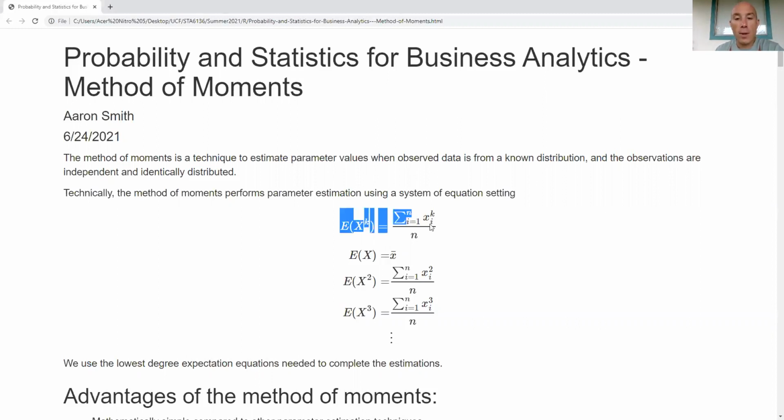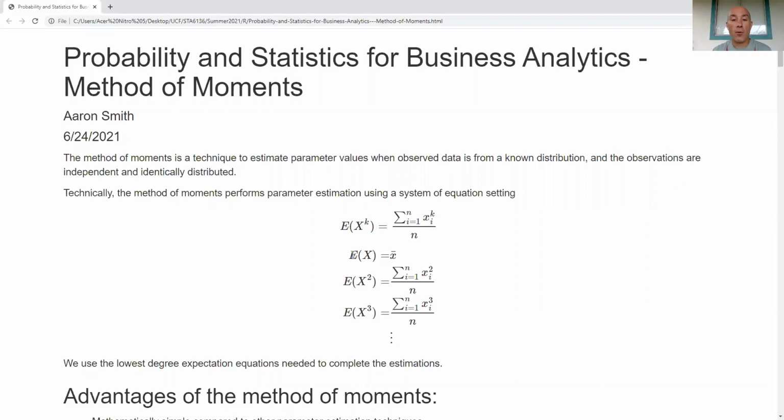This is our fundamental equation: we set the kth moment of the random variable equal to the average of my data to the power of k. So here, this is my population variable to the power of k, setting it equal to my sample to the power of k average.